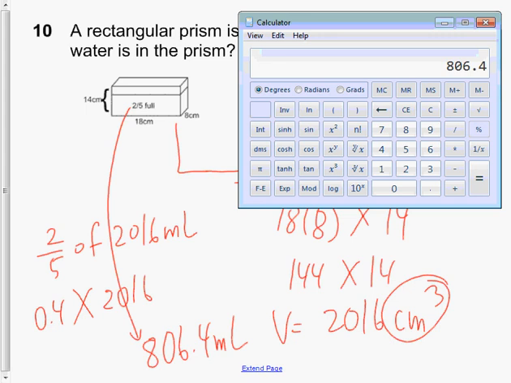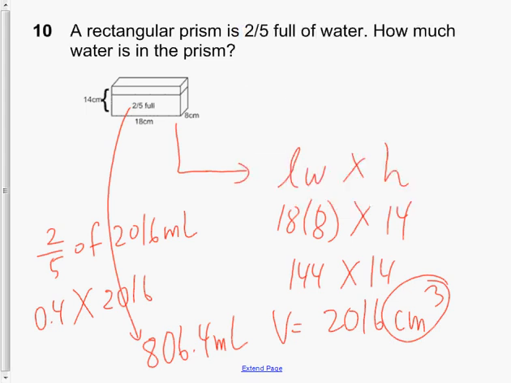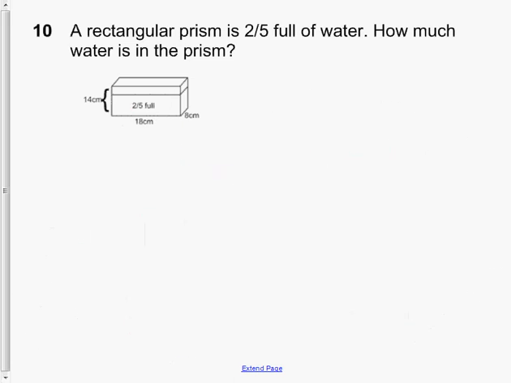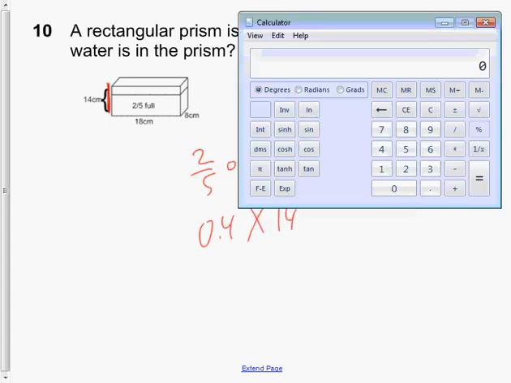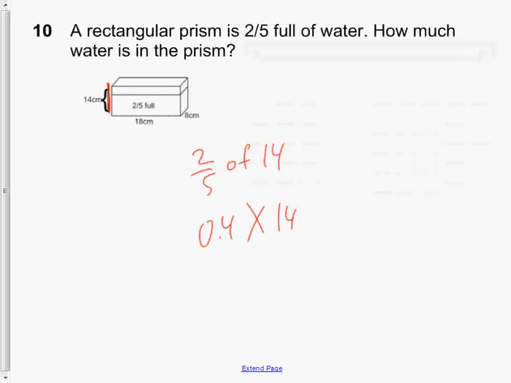Okay. Now there is a second way of doing it, and I'll show it to you real quick. What I could have done is, since this is 2/5 full, the height of the water is also 2/5 of a full height. So 2/5 of 14 would tell me how high up the water is. So if I take 2/5 or 40% of 14, 5.6, thank you. It's 5.6. So really, the height of this would have been 5.6 centimeters.